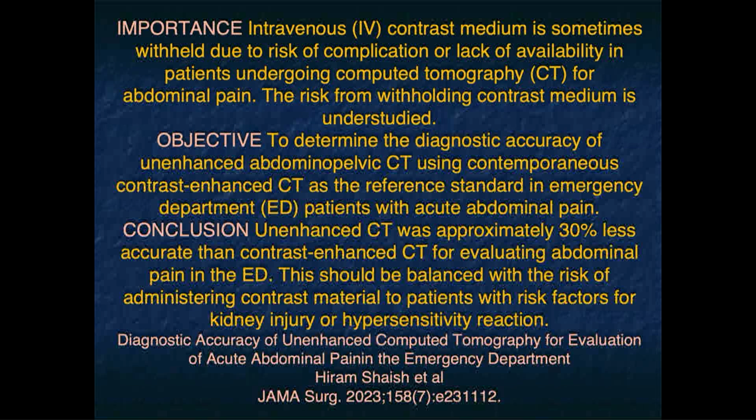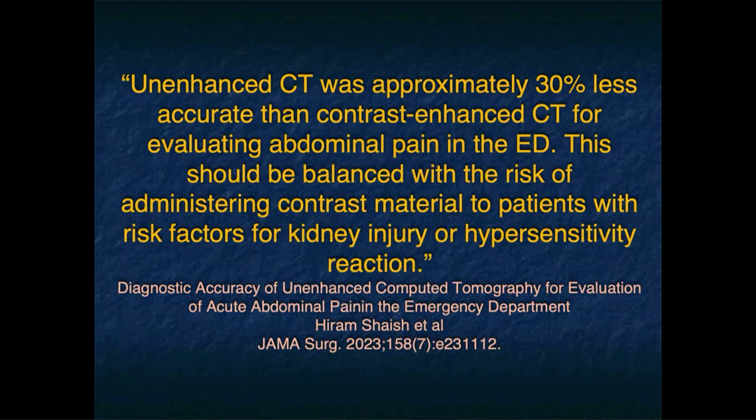The conclusion was very simple: unenhanced CT was 30% less accurate than contrast-enhanced CT. So 30%. If you ever get that argument from the ER docs about why radiologists don't need IV contrast, this is probably the strongest article I've seen, and it's not even written by a radiologist.